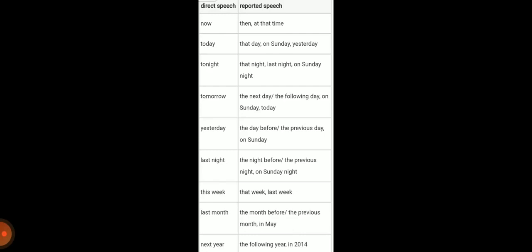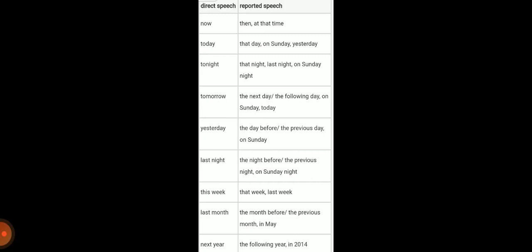Apart from these rules, there are many other rules also. Like here will be changed into there. First form will be changed into second form. Second form will be changed into had plus third form. And had plus third form will not change.